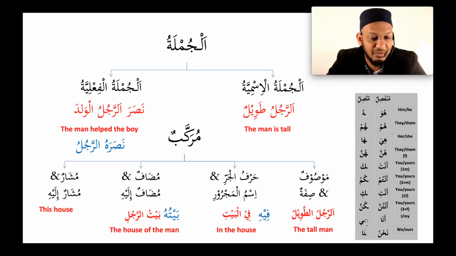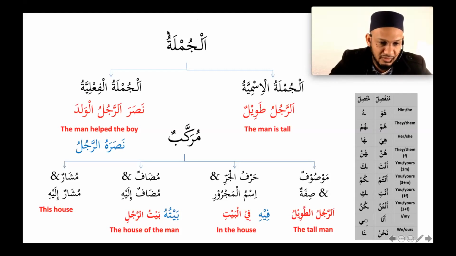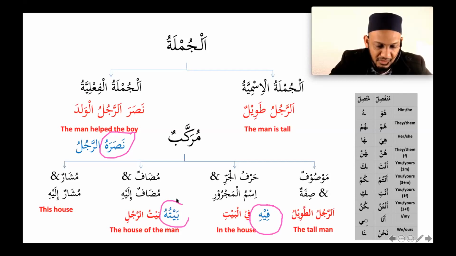In the first one, let me highlight it for you, we attached it to a verb. In the second one, we attach it to a harful jar, and in that case it will always be the ism majroor. And in the third one, we attached it to an ism, and therefore it will be mudafun ilayhi.